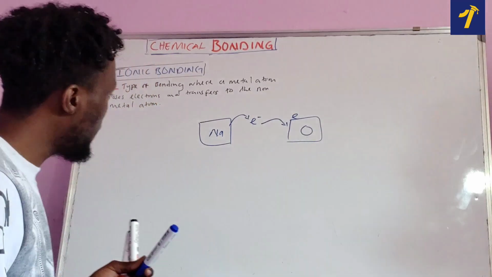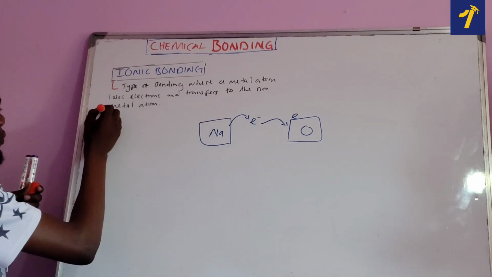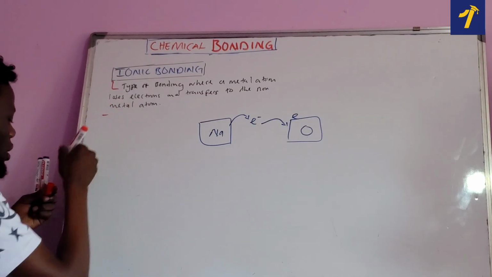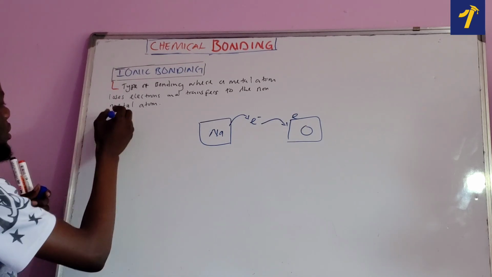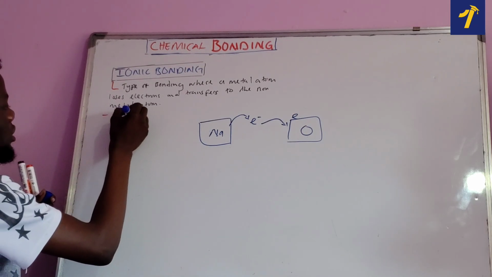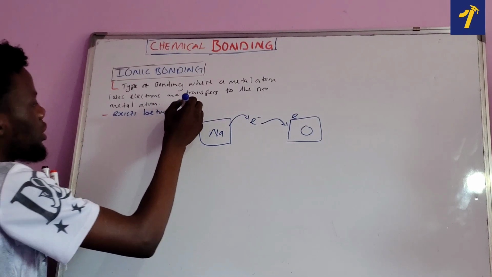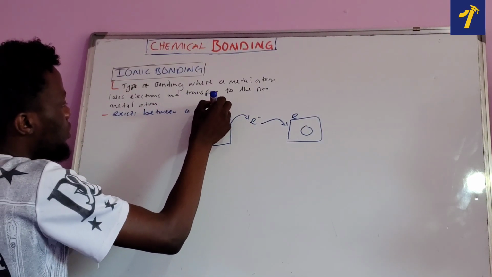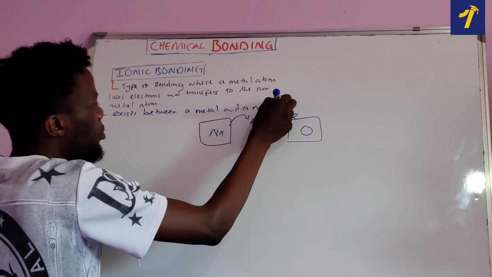Now, we need to put another important point here: ionic bonding exists between a metal and a non-metal.